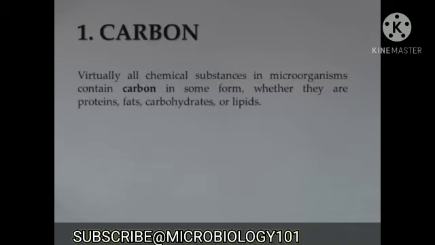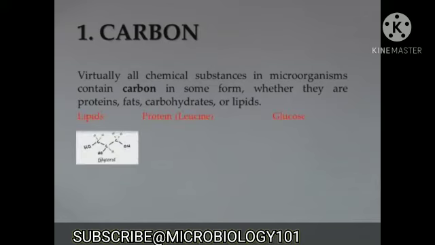Carbon. Carbon is the backbone of so many food substances and nutritional requirements for the survival of organisms. Likewise, microorganisms require carbon, both in artificial form during culture and in natural form that they are able to synthesize or take in for their growth and development. This carbon is found in protein, fat, carbohydrate, and lipid.